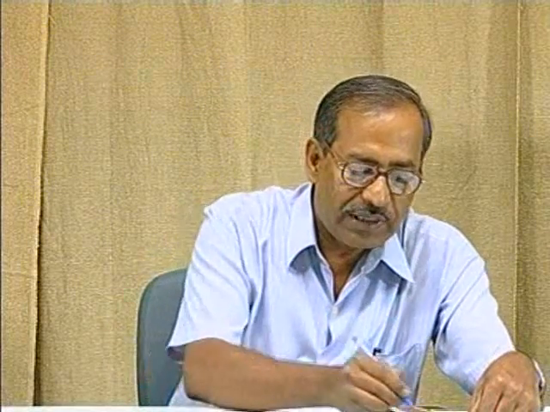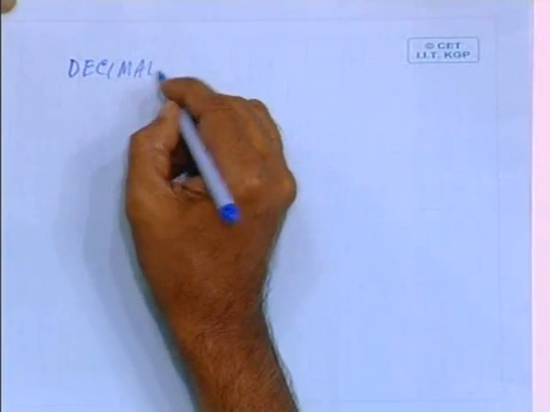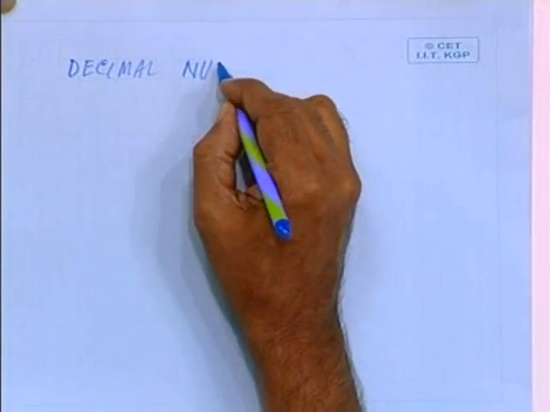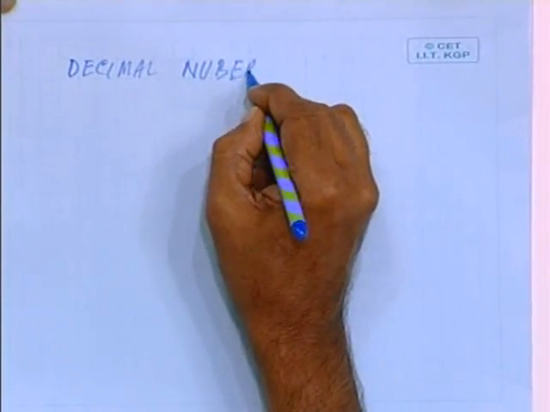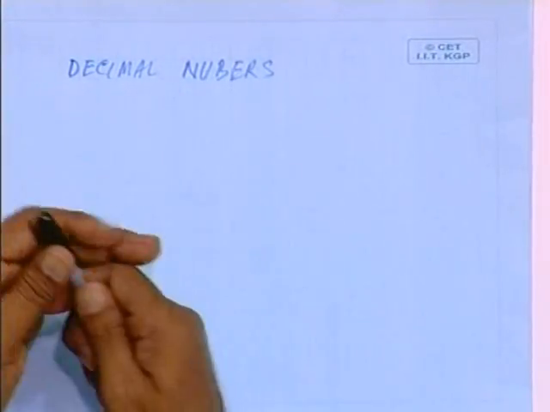Now, apart from this binary number system, sometimes you have to represent other numbers, for example, decimal numbers, inside the microprocessor. How can you do it?